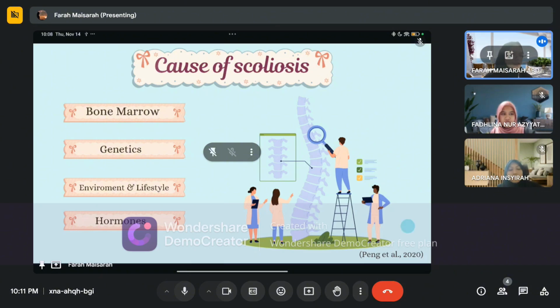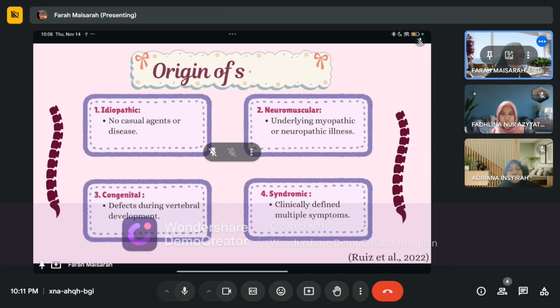We move on to the origin of scoliosis. I will explain the origin by specific type. The first one is idiopathic. For idiopathic, there is no causal agent or association with other disease, and no cause can be detected. For neuromuscular, it is an underlying myopathic or neuropathic illness that causes an imbalance in muscle tone without any prior anatomical or congenital abnormalities.